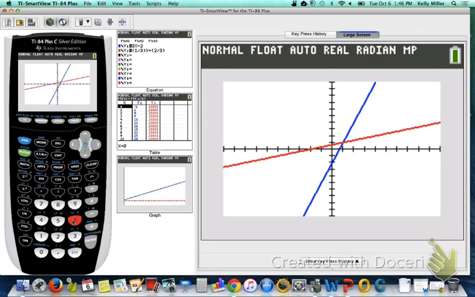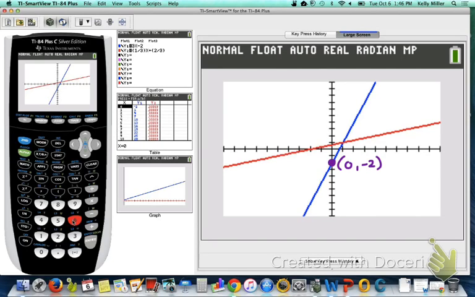So let's focus on this graph. What's this point down here? Yeah, the coordinates would be 0, -2. What would be the inverse of that point?